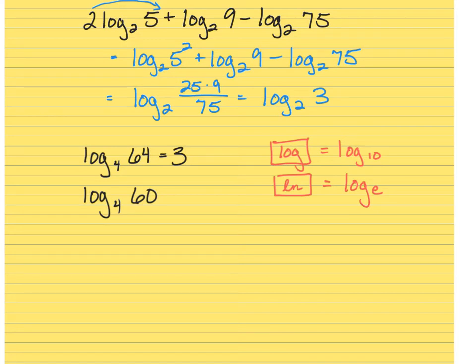So it's important to remember that when we're dealing with those 2 particular logs, we use this shorthand notation. And so your calculator can do either of those logs, but it can't do log base 4.